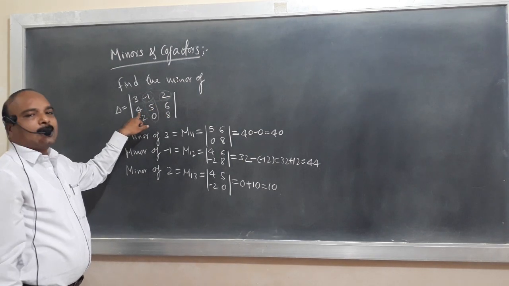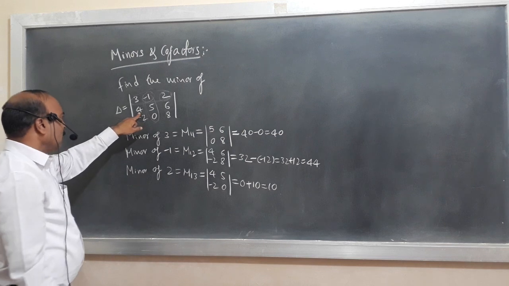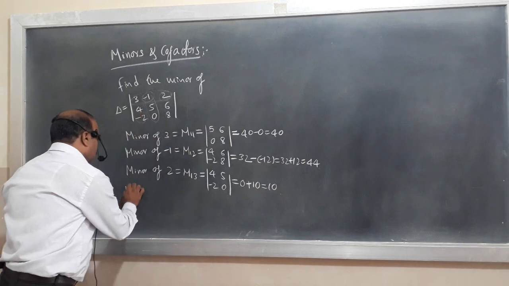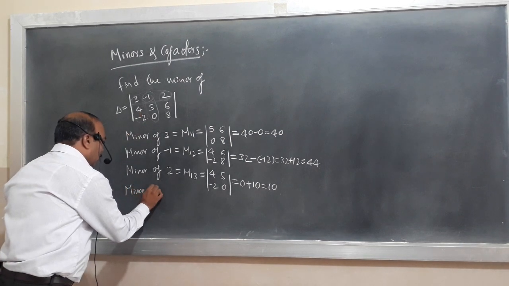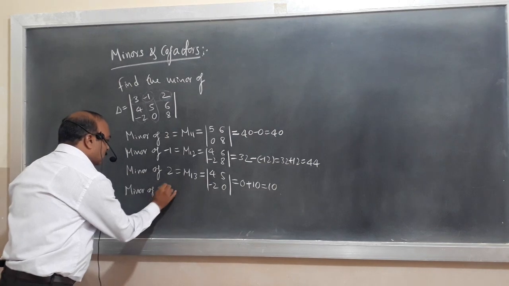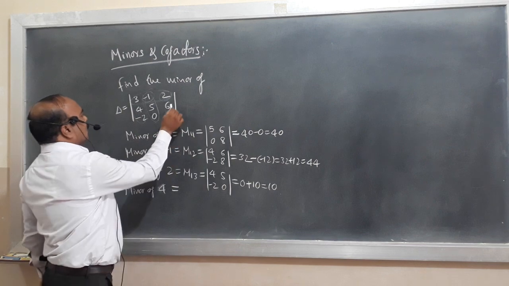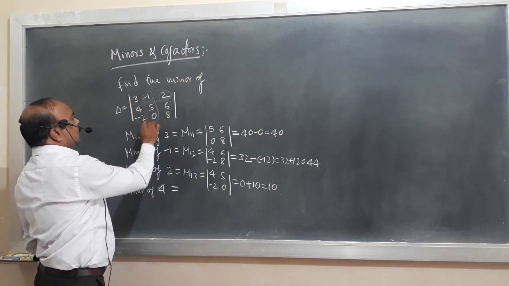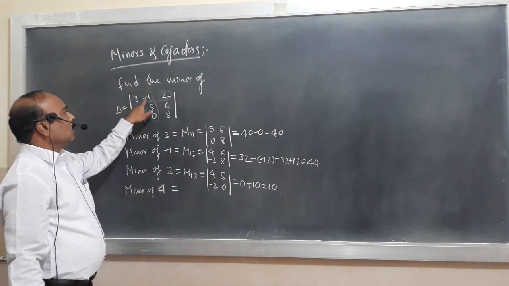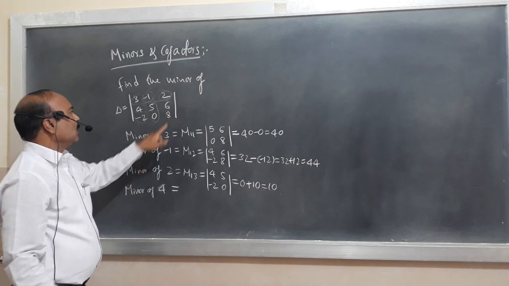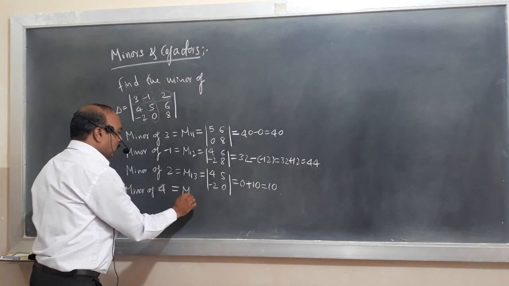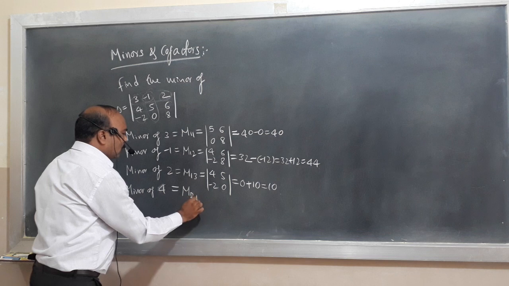Next we go for the second row, that is element 4. Minor of 4: we delete this row and this column, and we get minus 1, 2, 0, 8. It is given by M21.